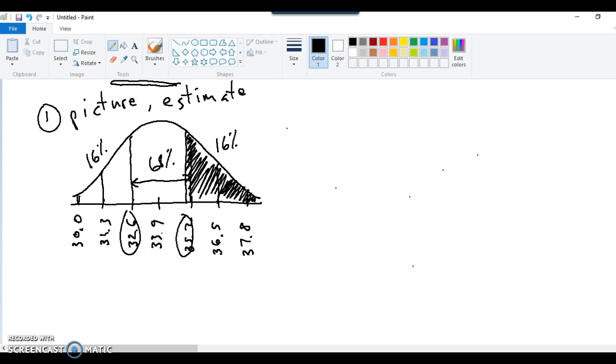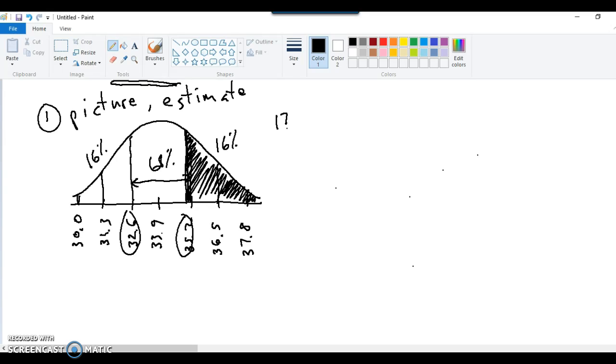And so I could say roughly 16% of the babies, that's a really rough estimate. Actually, a little bit more than that because the cutoff is a little bit less than 1 standard deviation. So let's say maybe 17, 18%.